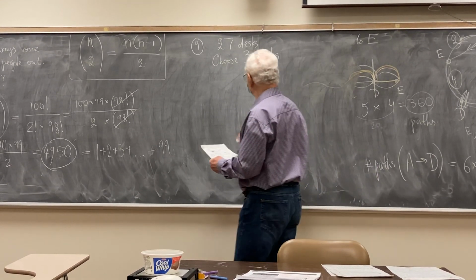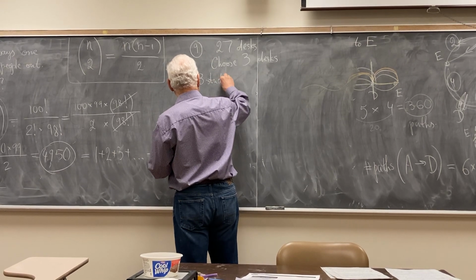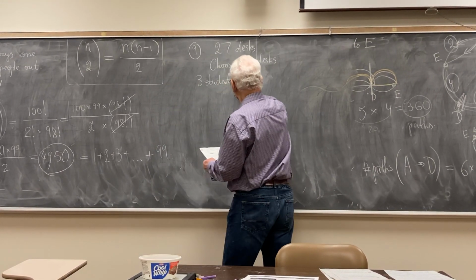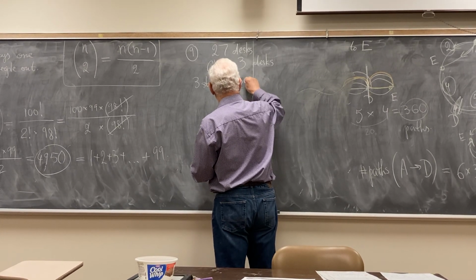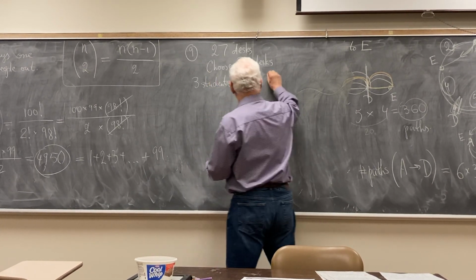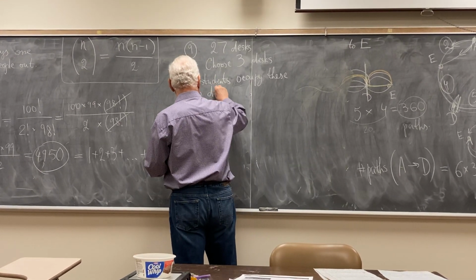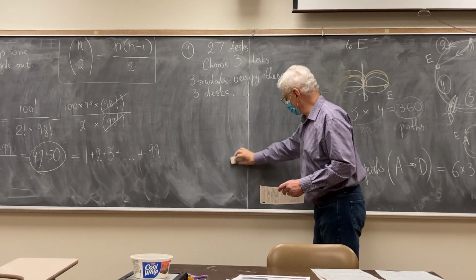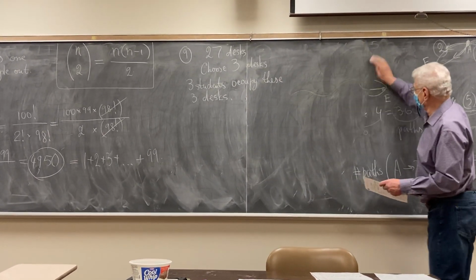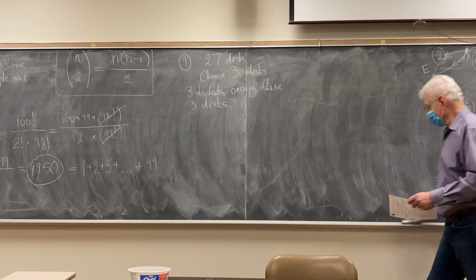Then 3 students occupy these 3 desks. The question is, in how many ways can the teacher put the students at the desks?